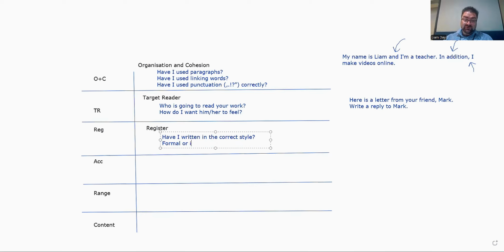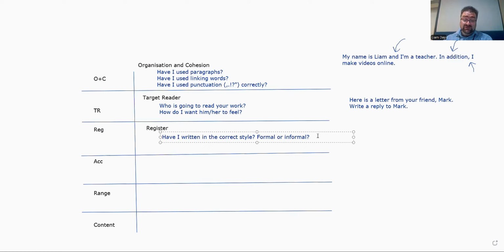So that's formal or informal. Of course, if you're writing to your friend Mark, then it's going to be informal. If you're writing an essay for your teacher, it's going to be formal. Now, of course, this is a big topic, and I do full lessons on this as part of my course.